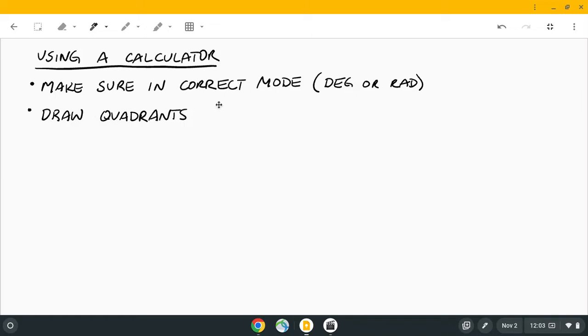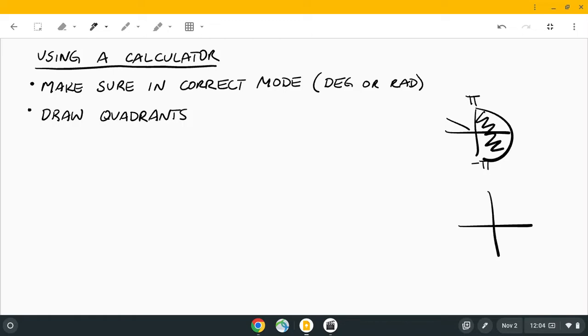Remember when you use the inverse trig functions on the calculator, they only give you very specific values. Like sine will only give you from negative pi to pi, right? So if you want an angle over here, you're not going to get that on the calculator. So that's why it will be helpful if you draw the quadrants.